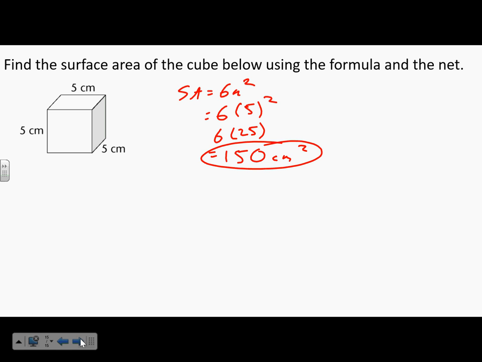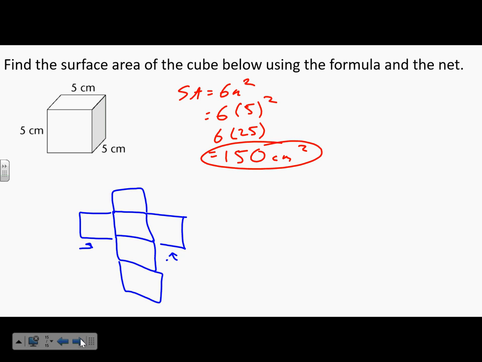But the reason we talk about this net is because if we draw this cube, whoops, so I have, this is one of my bases, this is the other base, and so we're going to have one side, 2 sides, and then the top. So if we draw this base, every one of these is 5 by 5.